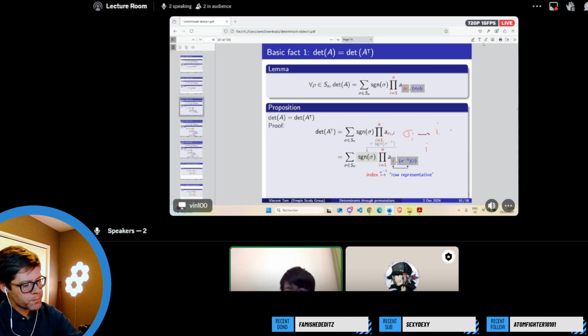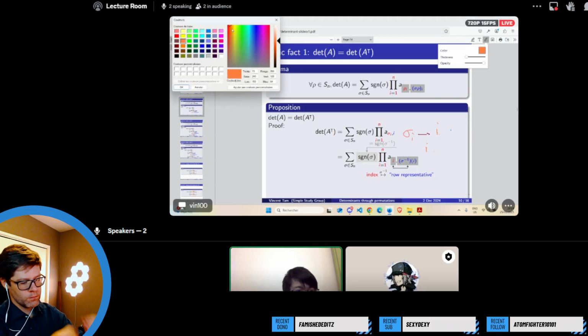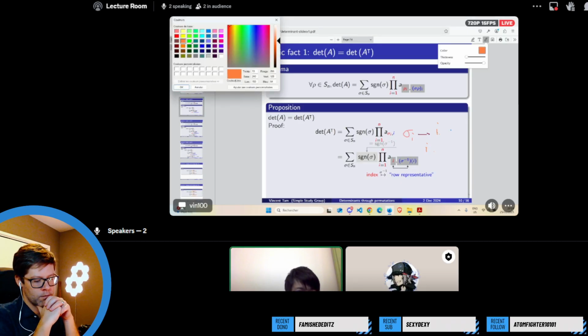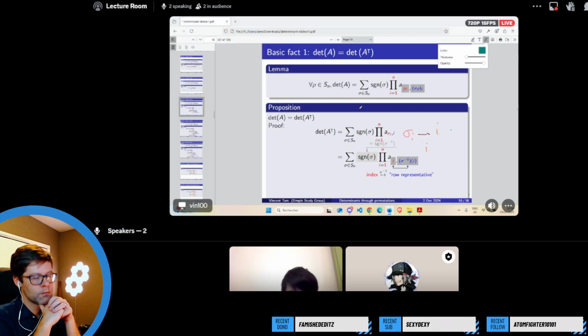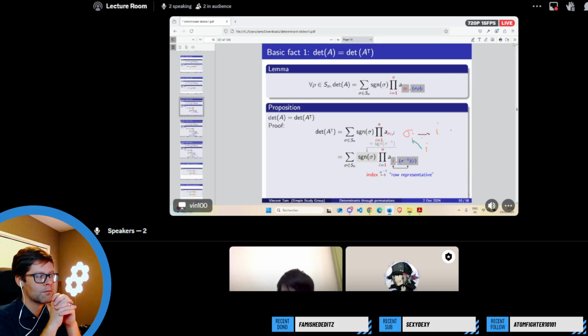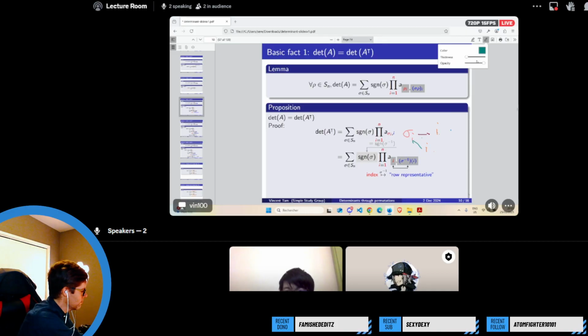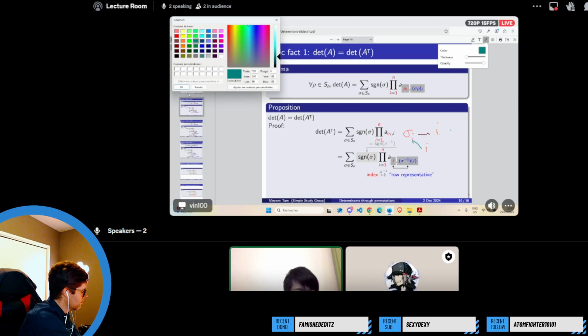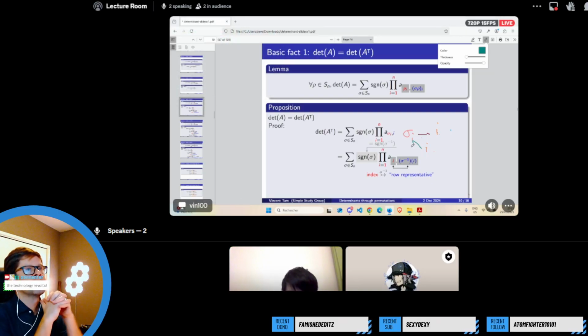There's a function in between I and sigma I. So I'm trying to draw another arrow representing such a transition. So here I undergoes sigma to go to sigma I.